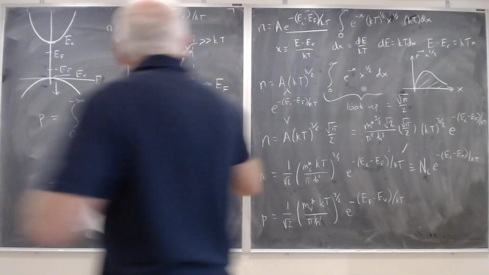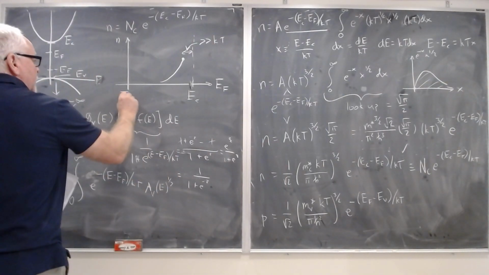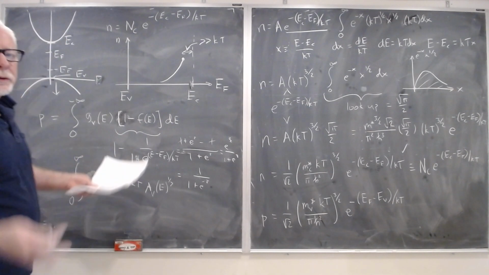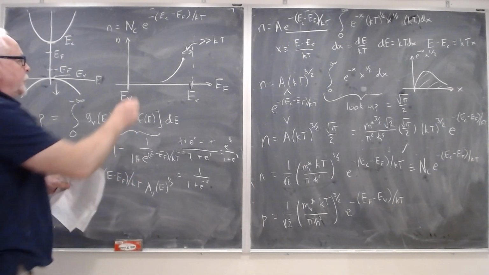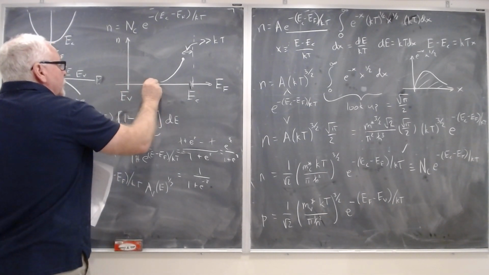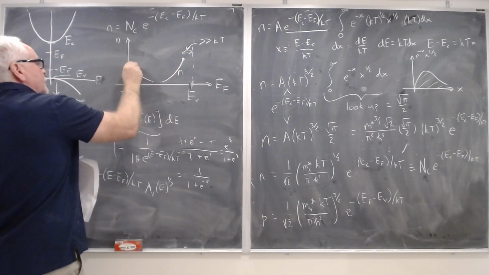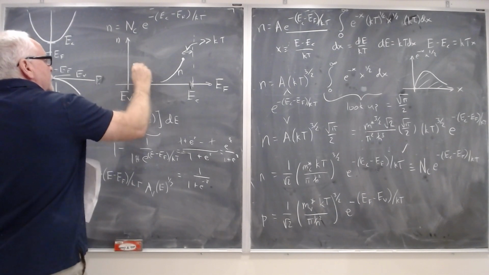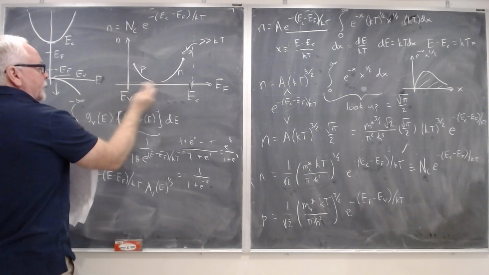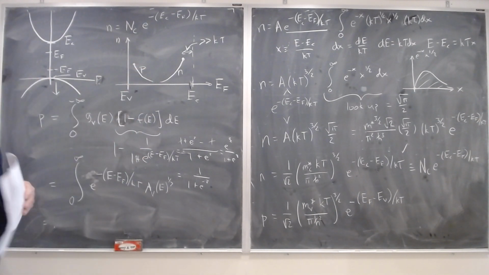And I drew things with EV equals 0, but you get the point here. Now, P, so this would be N, P would go up exponentially as EF gets closer to the valence band. You get it?